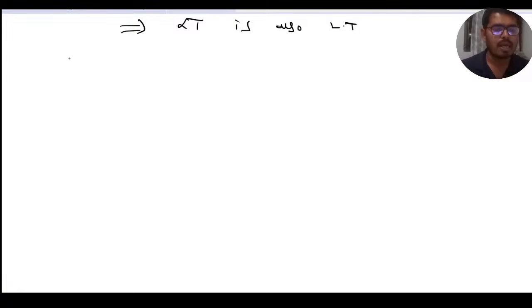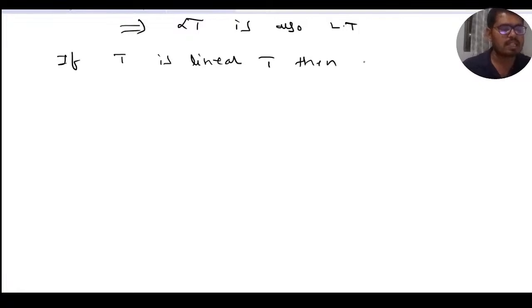That means if T is a linear transformation and alpha is any scalar, say 2, then 2T is a linear transformation, 3T is a linear transformation, 4T is a linear transformation. Whatever the scalar multiple of the linear transformation, that is again a linear transformation.